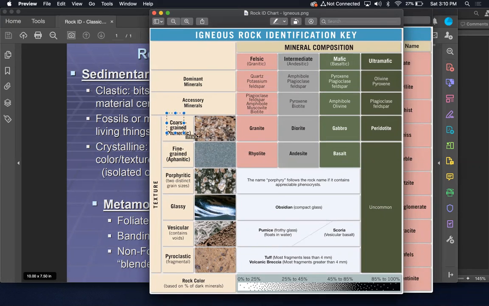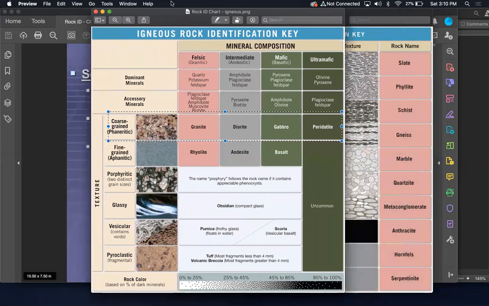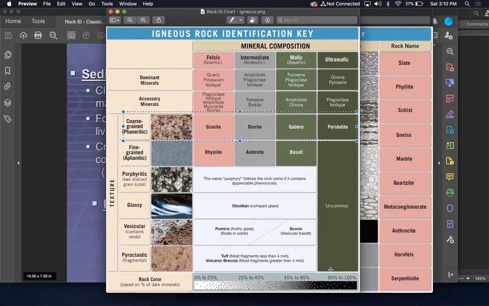So I'm going to go with coarse grained, and you have 4 options once you make that call. You have granite, diorite, gabbro, and peridotite. So you have to now remember what color we said that rock was, because if you look at the bottom of the chart down below, I'm trying to move it because I have my Zoom screen in the way.